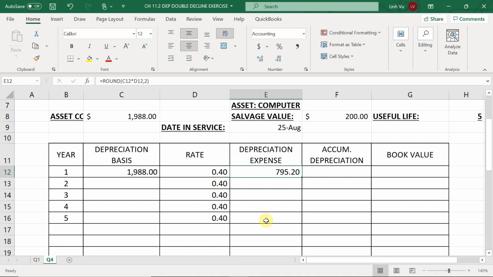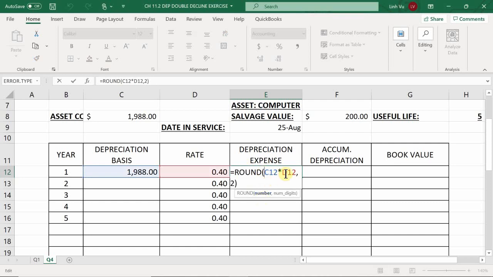The first year, this would be for the whole entire year, but I'm not going to depreciate it for a whole year because I put it into service as of August 25th. I don't start depreciating until September. So September, October, November, December. That's 4 months that I used this asset.